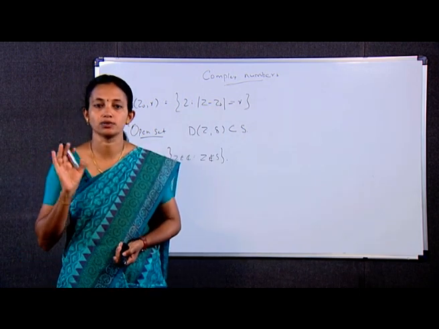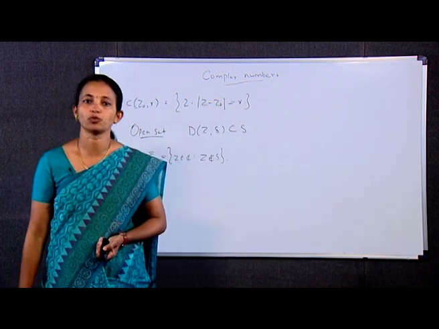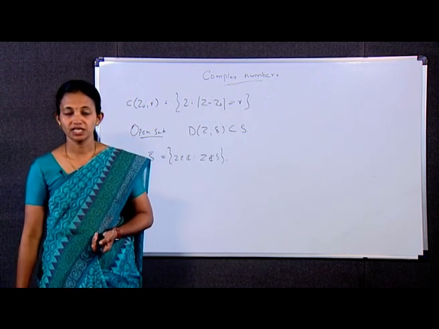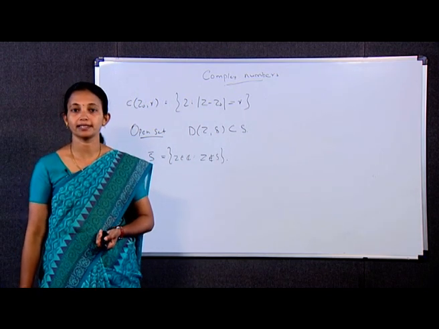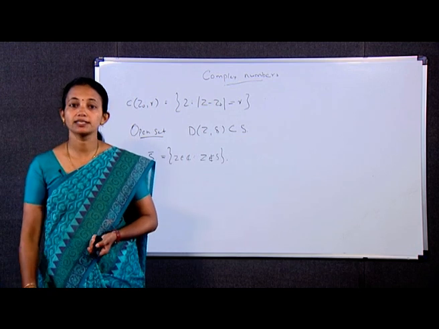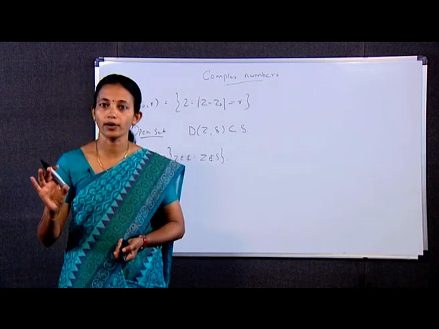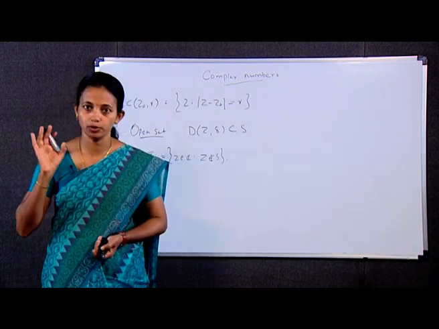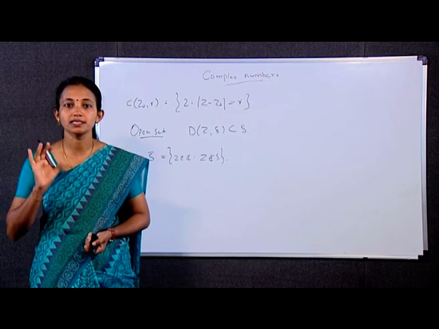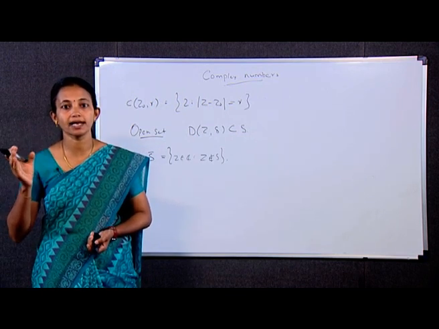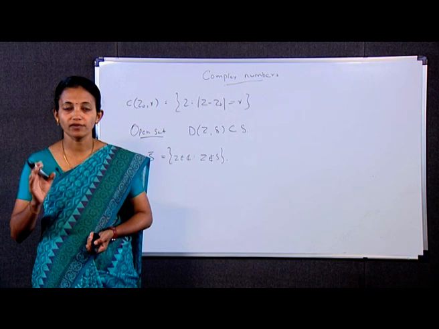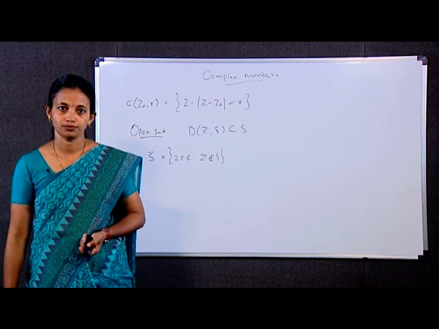A set is closed if its complement is open. Next we have the boundary of a set, ∂S. The boundary of S is defined as the set of all points whose delta neighborhoods have a non-empty intersection with both S and its complement, for every delta greater than 0.